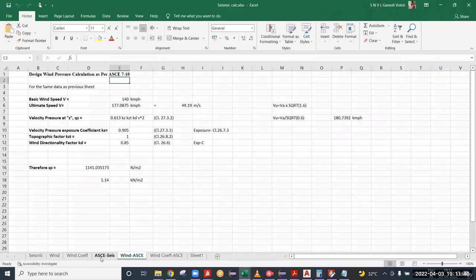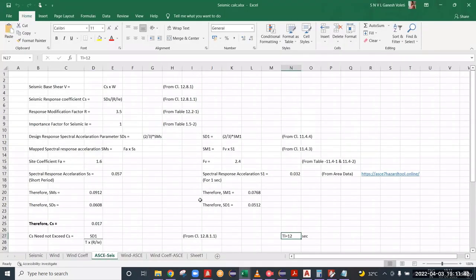If you go to ASCE seismic, we have seen the R value, importance factor value, SS, S1, all these things. All these are called simply seismic parameters. So we have to give seismic parameters in this session.